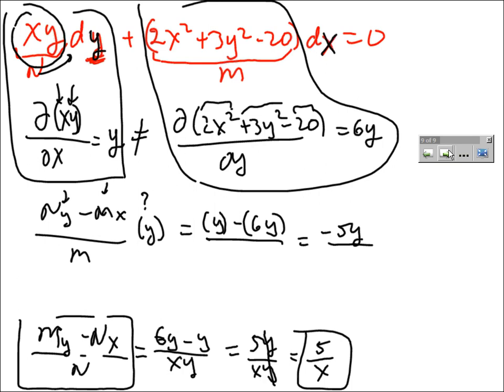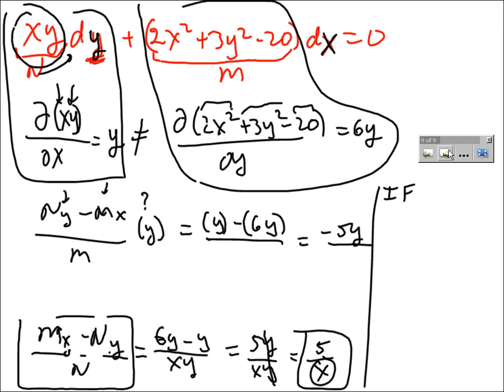Now, again, I did it wrong. mx minus ny. I want it to be a function of x, and it is. So we're going to use that to calculate our integrating factor.